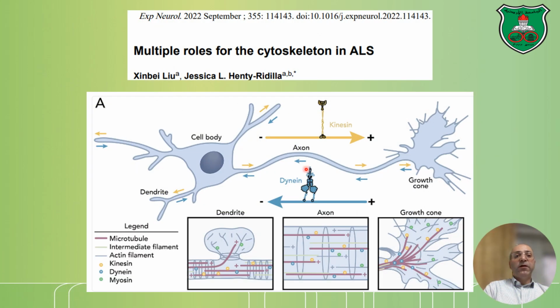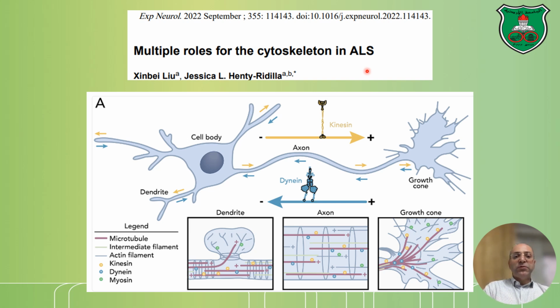So, this figure is taken from this article right here from 2022, and it talks about ALS and the significance of the cytoskeletal proteins, the cytoskeleton, in ALS. Defective keratin, defective actin binding proteins, defective microtubule motor proteins can all cause ALS.